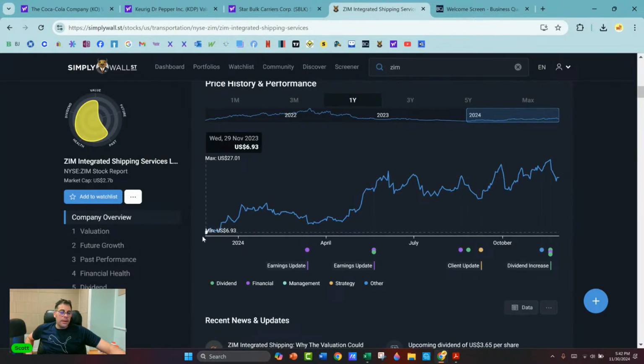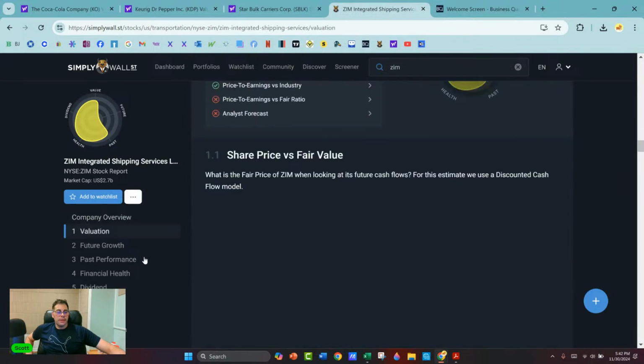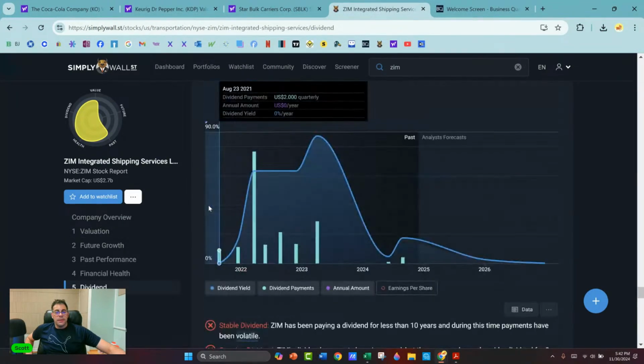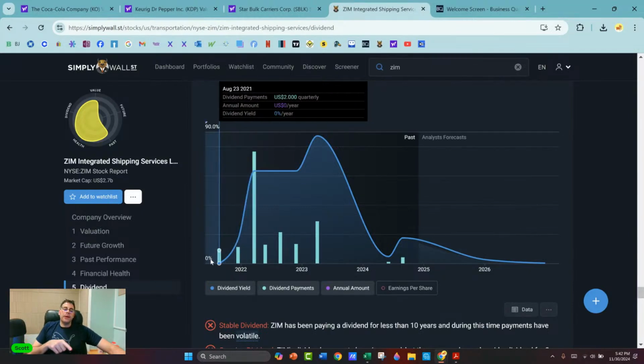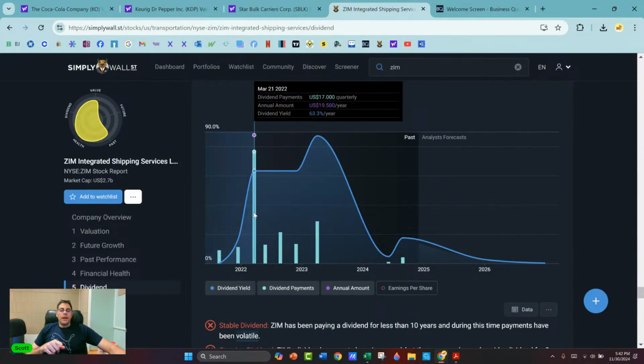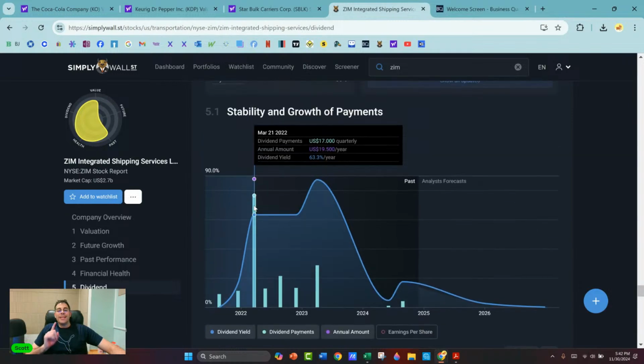They IPO'd at like $7 in November 2023. They IPO'd for $7. Imagine buying it at IPO, and then they paid a $17 dividend just in one quarter. That's like a 200% return just in that one dividend payment.